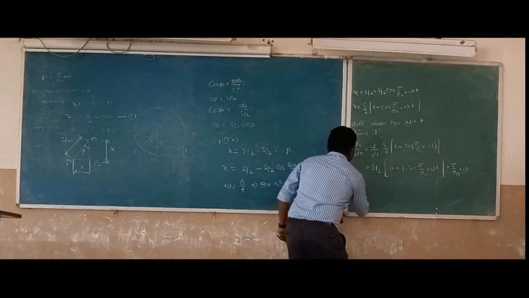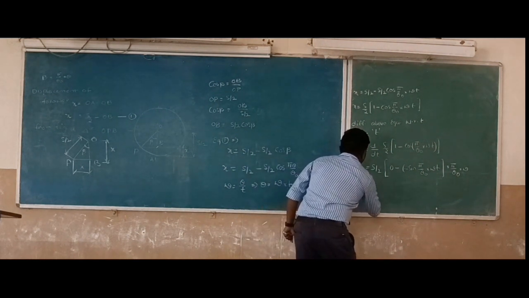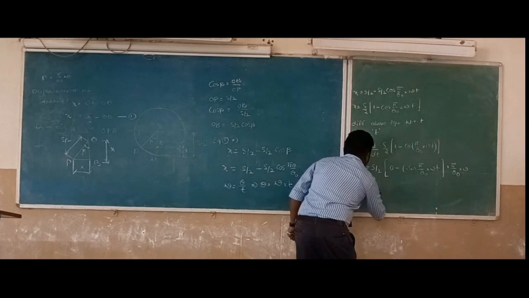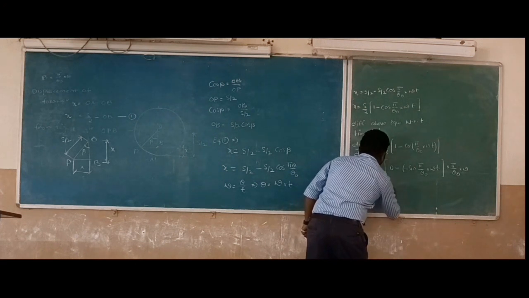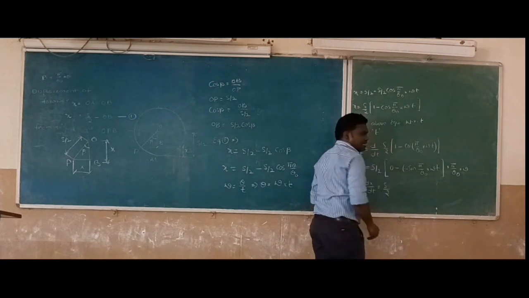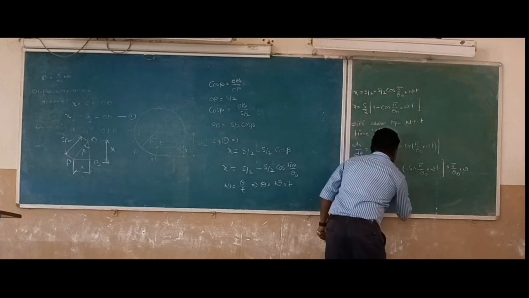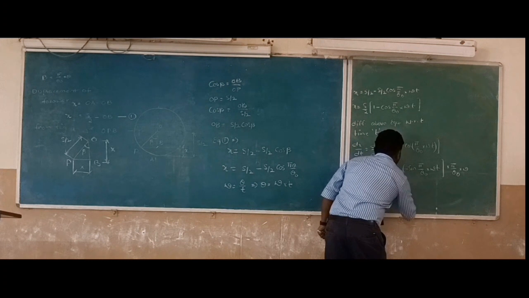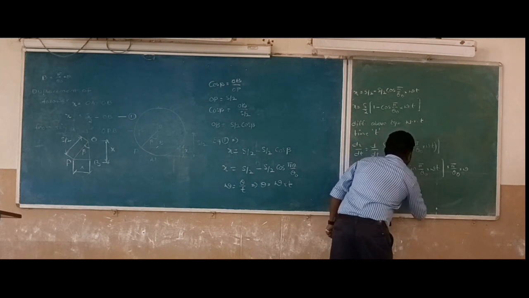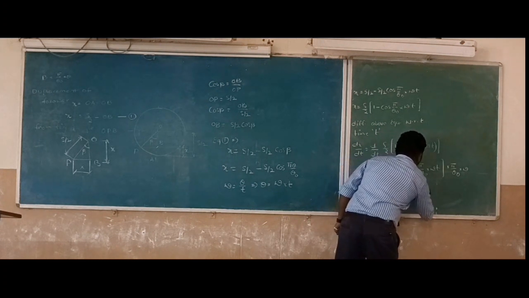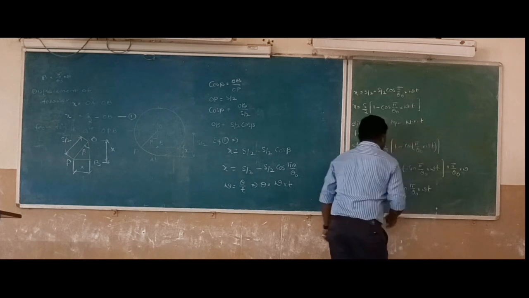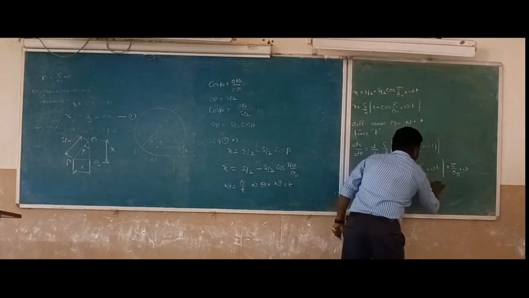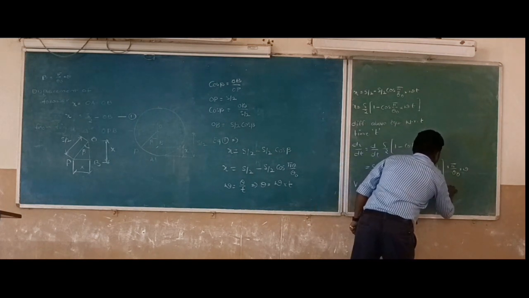Therefore, the velocity v is equal to dx by dt is equal to S by 2, minus times minus is plus, so therefore, into sin pi by theta naught into omega t into pi omega by theta naught.